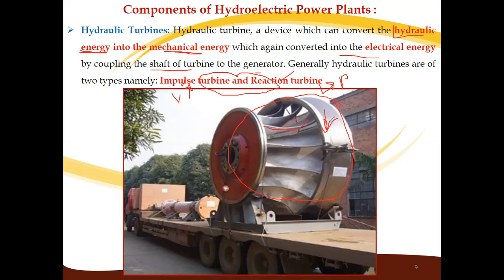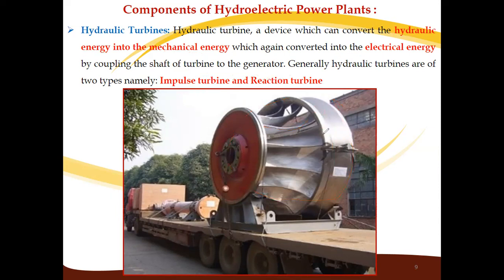So when water strikes the circular bed or runner, it produces rotational energy, or rotation of the turbine runner. And because the shaft is connected to this rotor, the shaft also rotates. So this is the function of the hydraulic turbine.